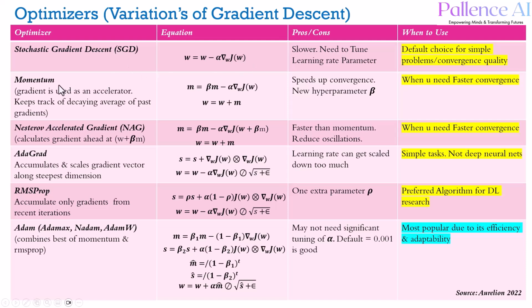Then we have an optimizer called momentum. This momentum tries to overcome the limitations of SGD, which is very slow. It speeds up convergence, and it does that by using the gradient as an accelerator. What momentum does is keep track of previous gradients, whereas stochastic gradient descent only focuses on calculating the gradient at that particular W, meaning only the local gradient.